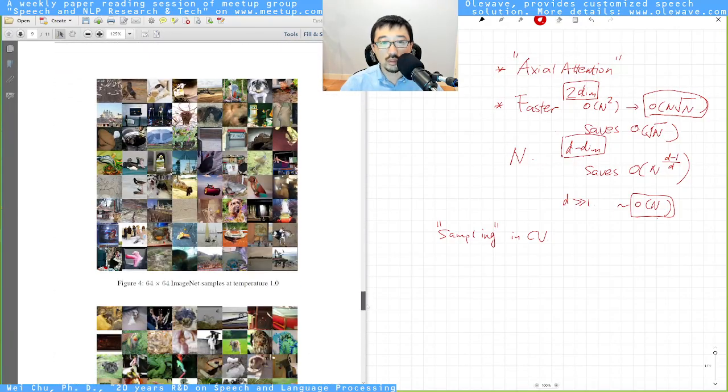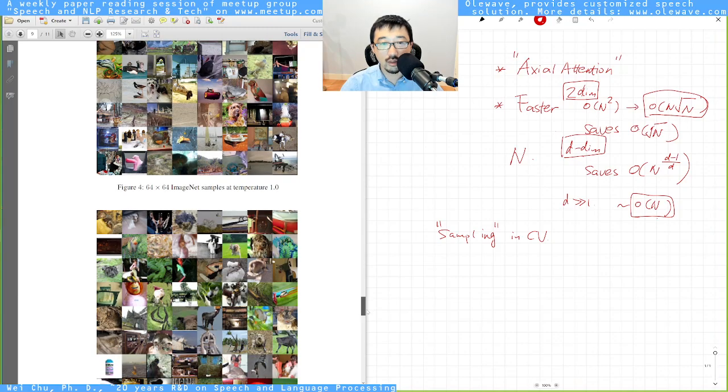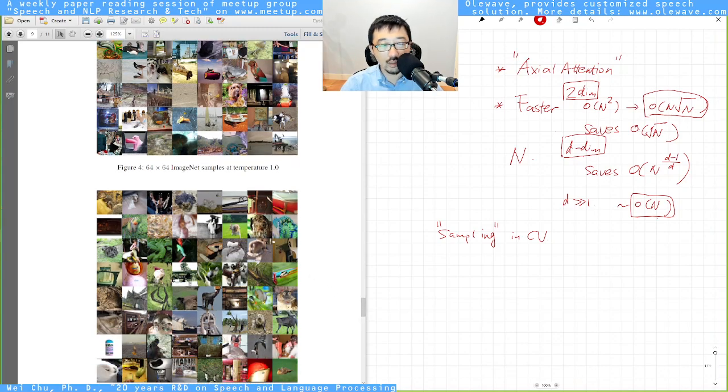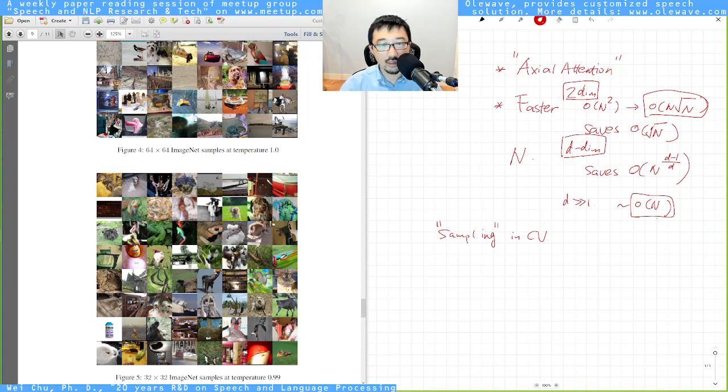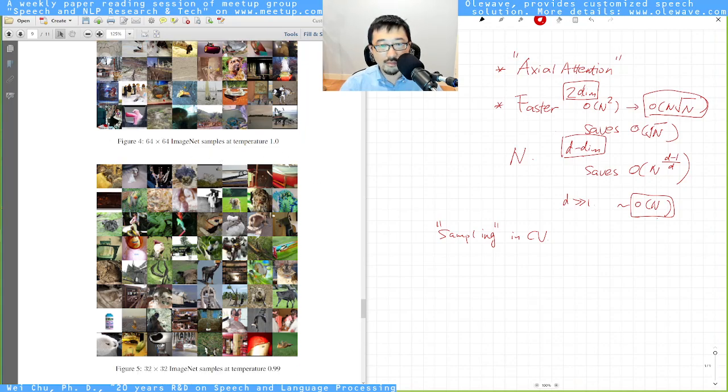But it seems to me that it's not very clear. It's not a regression task. It's something like a generation task, I think. Is that something like image compression? Tell me if you know better than me.